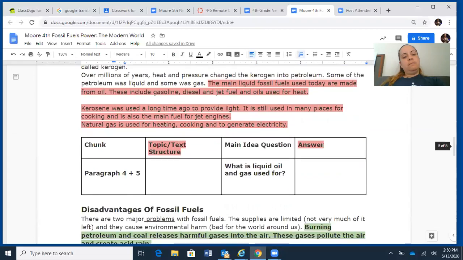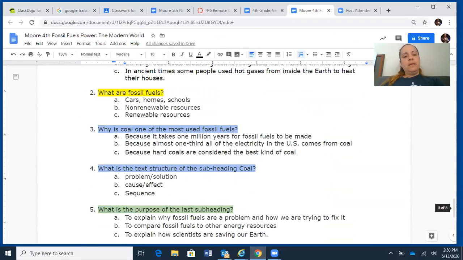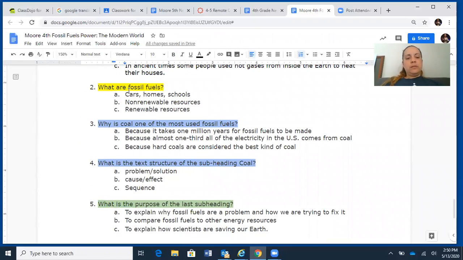Okay, let's go down. What are fossil fuels? Cars, homes, and schools, non-renewable resources, or renewable resources? We just read it. We should know what that is, and you should know this from before when we studied it in school.